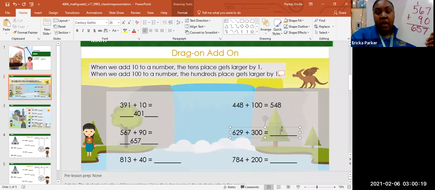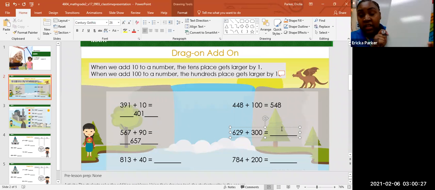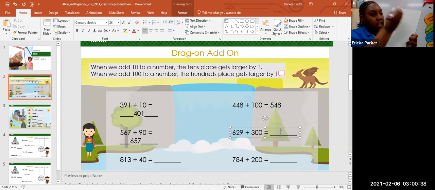Now if we're counting by 100s, and we know that we got zeros underneath there, do we need to worry about trying to count those? No, because we know that those numbers are going to be the same in the tens and the ones place. Those numbers are not changing.